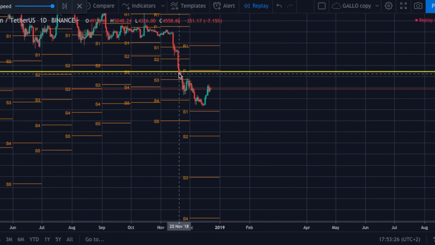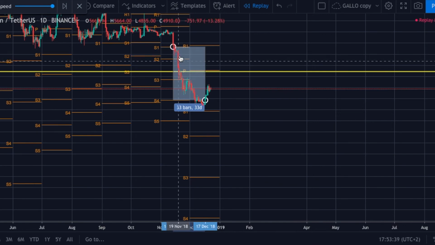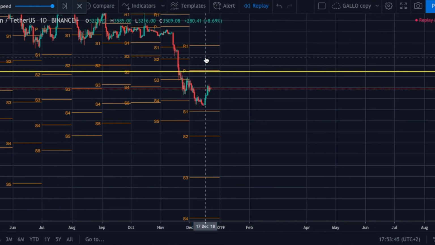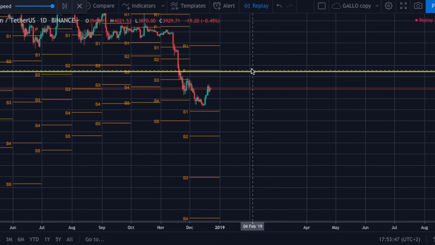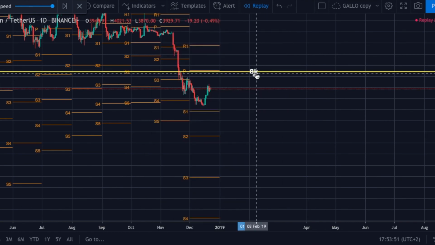So I can delete everything. So now, after 34 days, I moved my average from here, where I entered, to here. Now I have 8K at the average of 4,718.